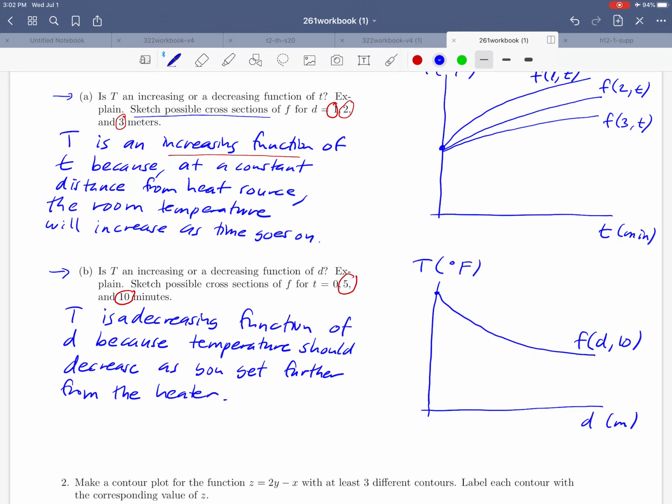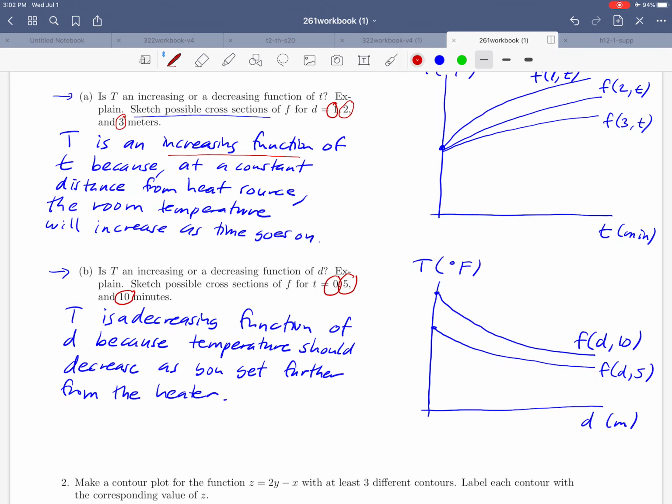Well, it comes down to asking yourself, after 5 minutes, is it going to be cooler or warmer in general in the room? Well, 5 minutes is not as much time for the heater to be on, so it makes sense that the temperature should be a little bit less after 5 minutes. So we're still going to get a curve that's decreasing, but the temperatures in general are going to be lower after 5 minutes than they were after 10. So I'd expect a curve maybe of that general shape.